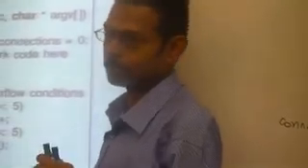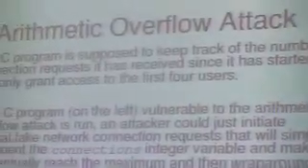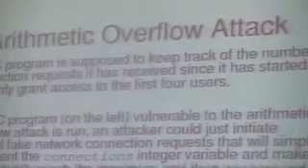So even though it looks like a genuine program, you see the vulnerability that could be introduced because of oversight or lack of analysis of your code. Okay? And that's what I have described here.